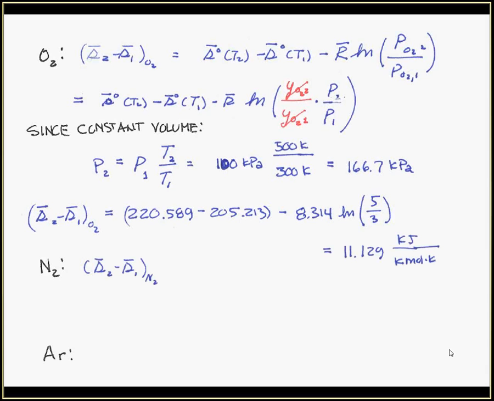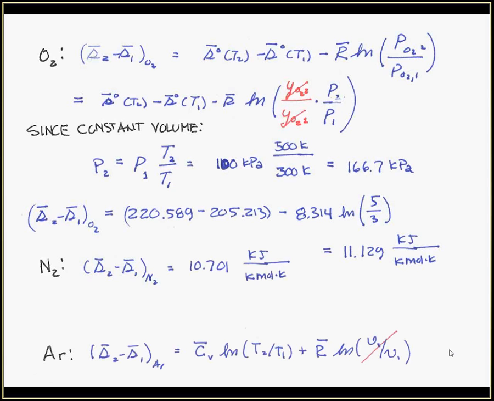Nitrogen is handled in exactly the same way. So I'll leave it to you to verify that you should get 10.7 kilojoules per kilomole Kelvin for the nitrogen. Argon, however, is handled differently. Constant specific heats here. So I can get away with writing C sub V times log T2 over T1 plus, not minus, plus universal gas constant times the logarithm of the ratio of the volumes.